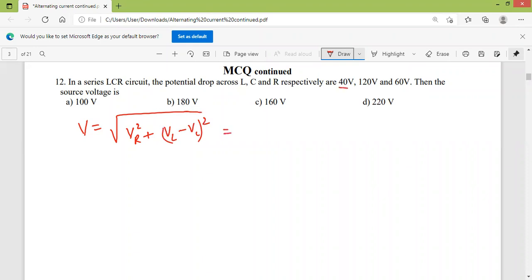Given, the potential drop across L is 40 volt, C is 120 volt, and R is 60 volt.